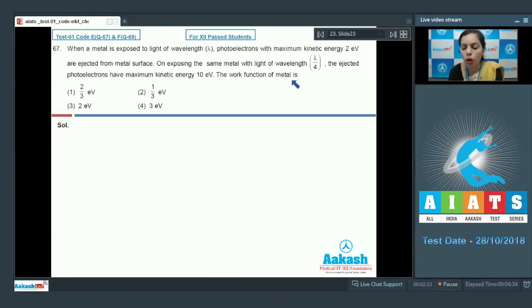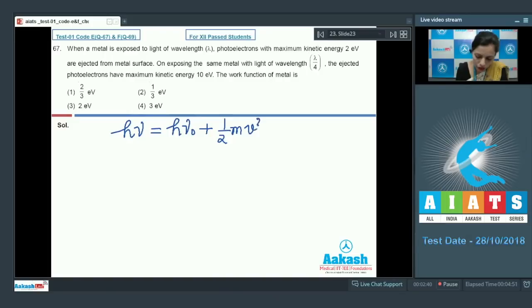Now, the work function of the metal is, we all know that whenever we talk about the energy of incident light, it is equal to the sum of h nu naught, that is the work function, and half mv square, that is the kinetic energy. So in this case, we have the first condition.